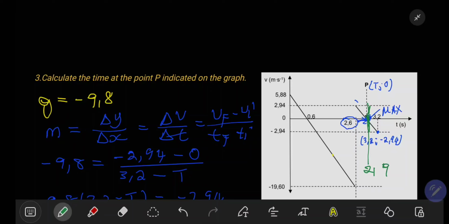So we need to calculate the distance traveled by the balloon for 2.9 seconds, so that we can know how high the balloon is after this time. This is the time of motion of this stone. So we need to calculate the distance traveled by the balloon since the ball was dropped.